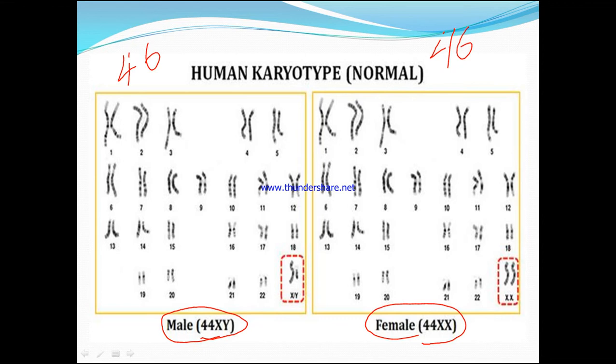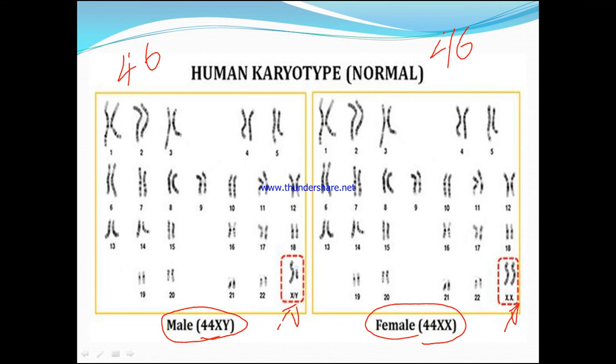The first 22 pairs are autosomes and the last one is the sex chromosome in both male and female. In the male cell the last pair, number 23, is X and Y sex chromosomes, while in the female we have X and X chromosomes.